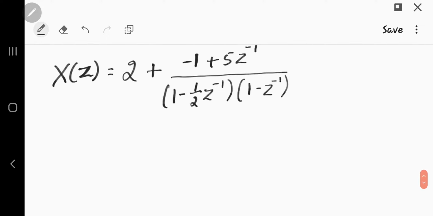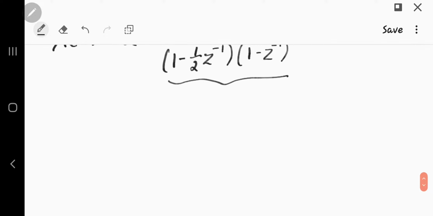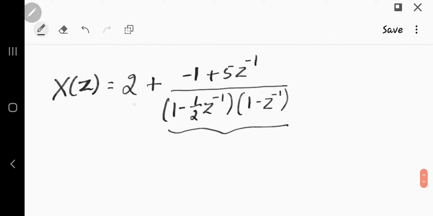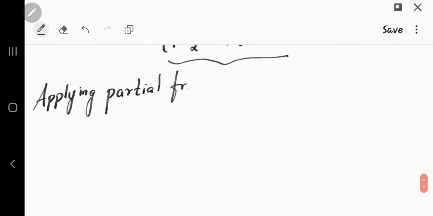Now we have to apply partial fraction for the second term, this term. So this is not touched here, we keep this till the end. This one we have to apply partial fraction. So applying partial fraction for the second term.